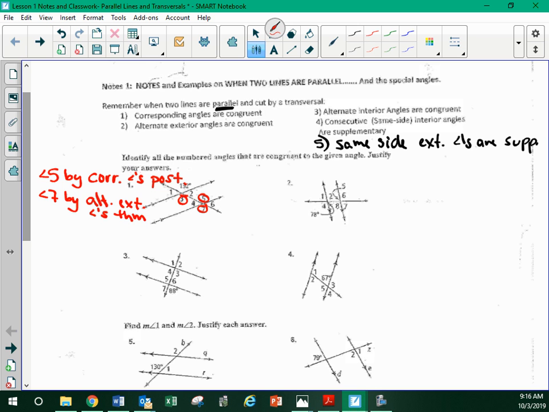So if you want to take the long route: 132 and 5 by corresponding angles, 5 and 7 by vertical angles theorem, and then transitive property, because you have to list all 3. The easier way is, because it says identify all that are congruent to the given angle, just keep going back to that given angle. But you're correct. We just have to list each of those 3 steps.